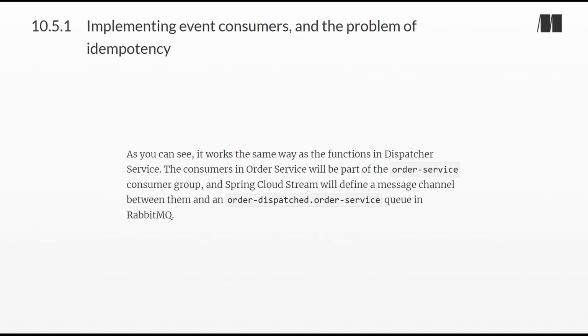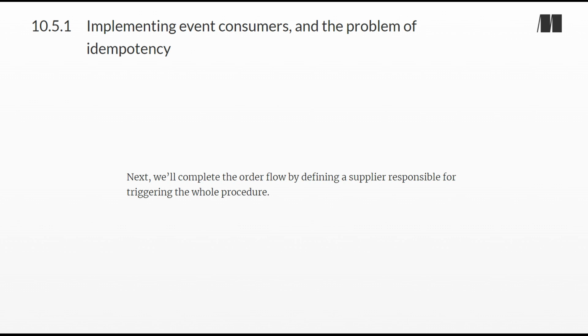As you can see, it works the same way as the functions in Dispatcher Service. The consumers in Order Service will be part of the order-service consumer group, and Spring Cloud Stream will define a message channel between them and an order-dispatched.order-service queue in RabbitMQ. Next, we'll complete the order flow by defining a supplier responsible for triggering the whole procedure.